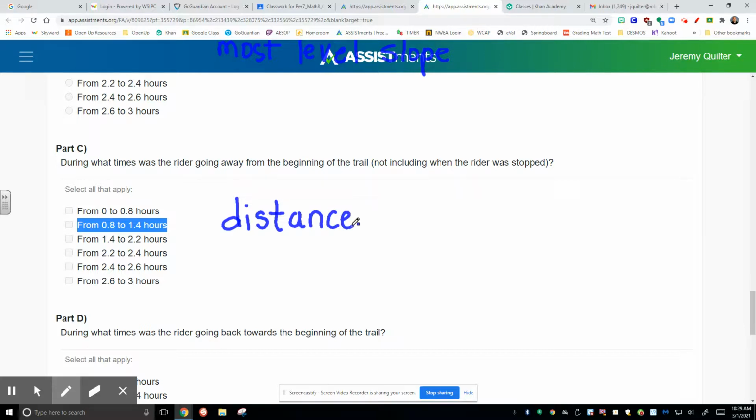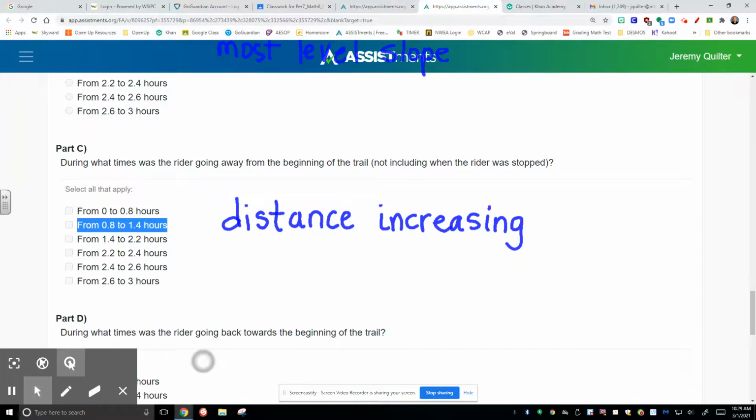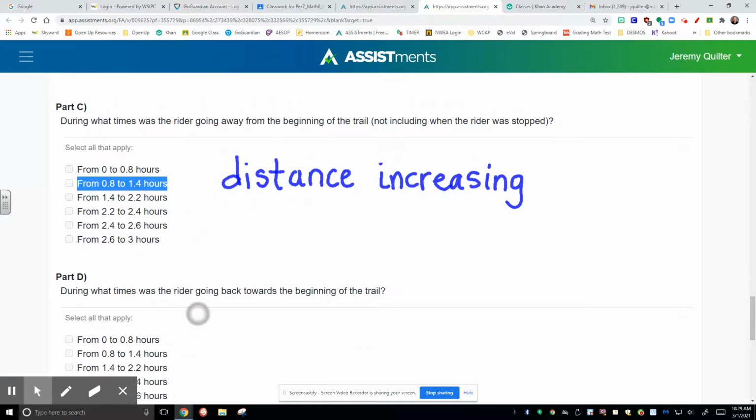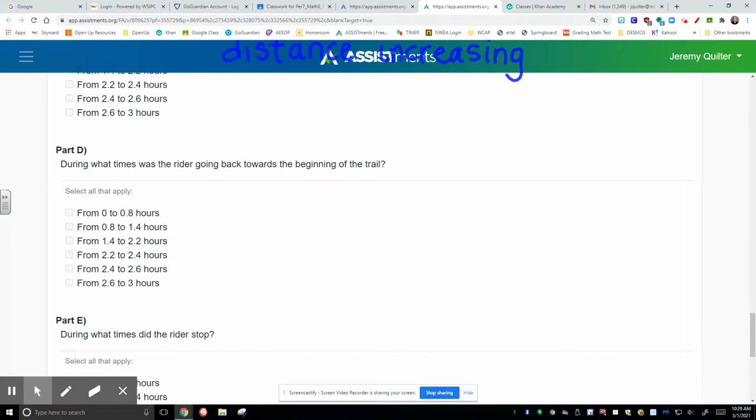Distance is what we have to consider, and specifically the distance is increasing. The next one, what times is the rider going back towards the beginning of the trail? Well, if in part C it's going away from the beginning and the distance is increasing, part D would be the distance is decreasing.